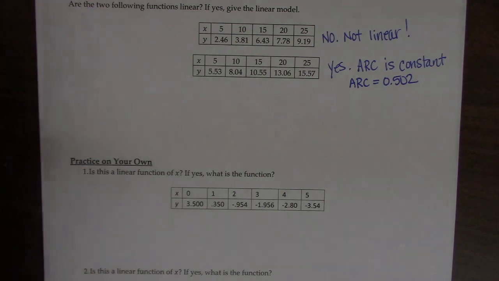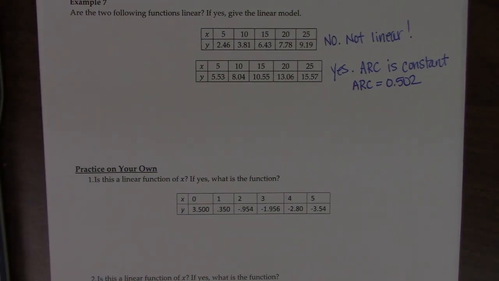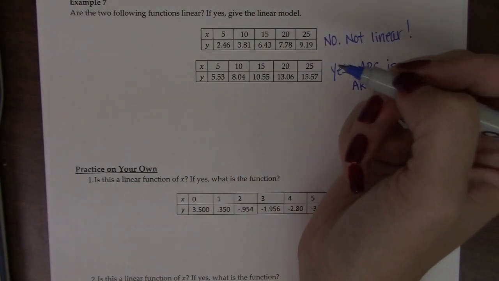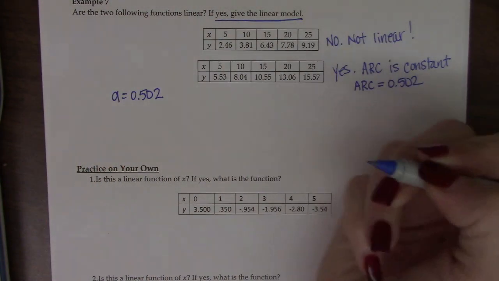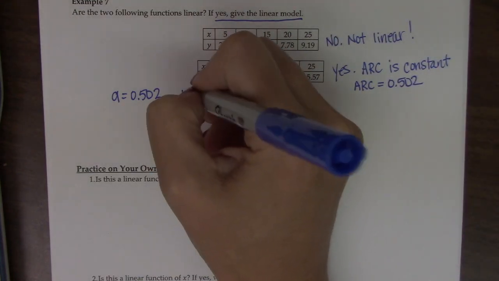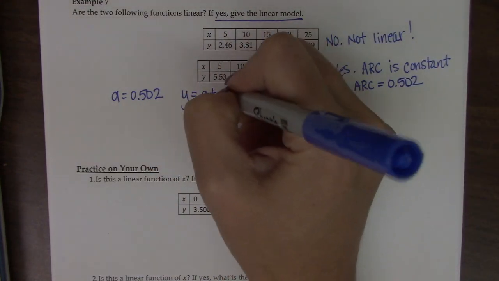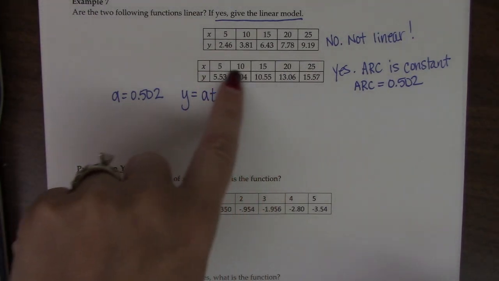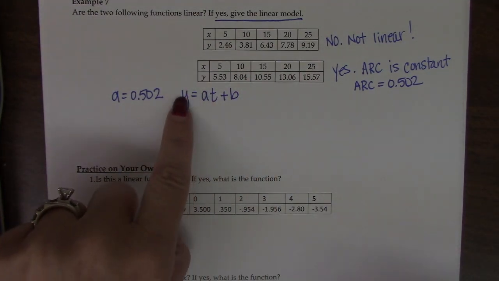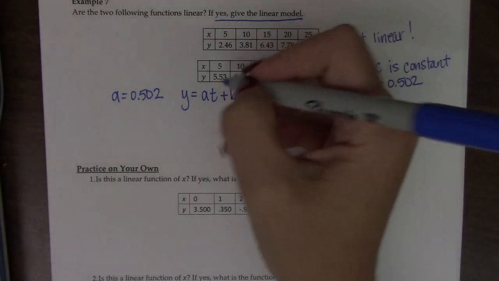Now we have to find the equation of the line, if it's linear. We know a is 0.502, and just like we did for our piecewise function, we know our function has got to be of this form. I can grab any data point off of this list and plug it in for y and x.